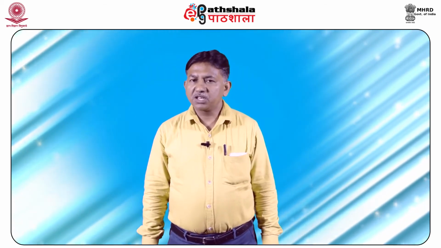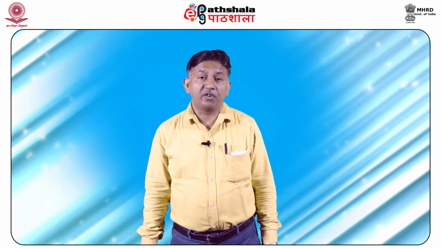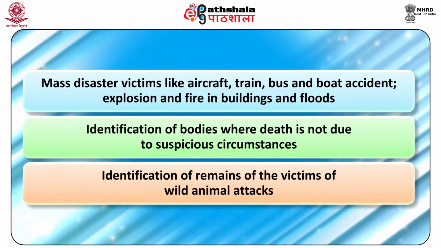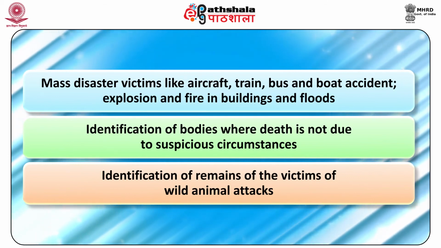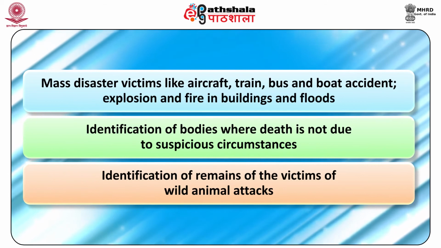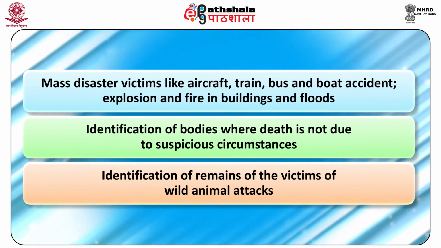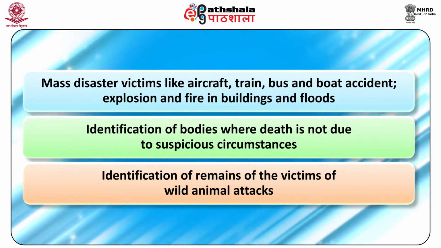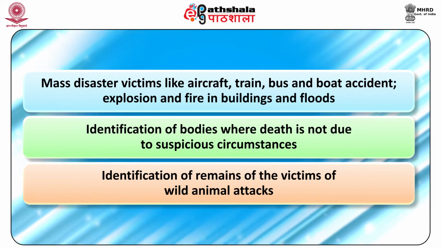The non-criminal nature of identification may include mass disaster victims, like aircraft, train, bus and boat accidents, explosion and fire in buildings and floods. Then identification of bodies where death is not due to suspicious circumstances. And third, identification of remains of the victims of wild animal attacks.